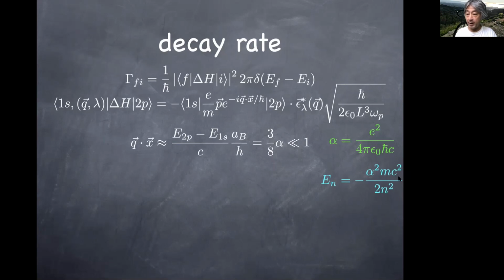So mc squared takes care of the overall mass energy dimension. Alpha squared is dimensionless, and n is the principal quantum number of the hydrogen atom, together with a factor of 2. So this is just yet another way of writing the energy levels of the hydrogen atom, so you know how things go together with the fine structure constant alpha.